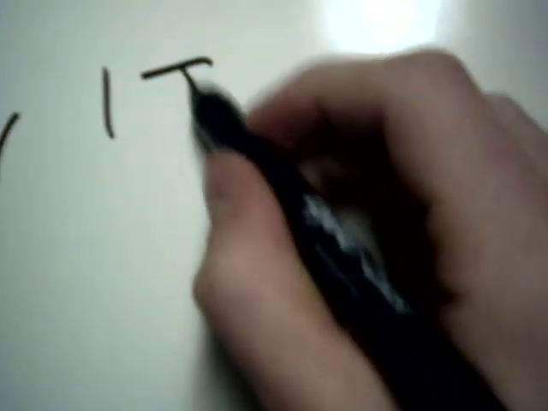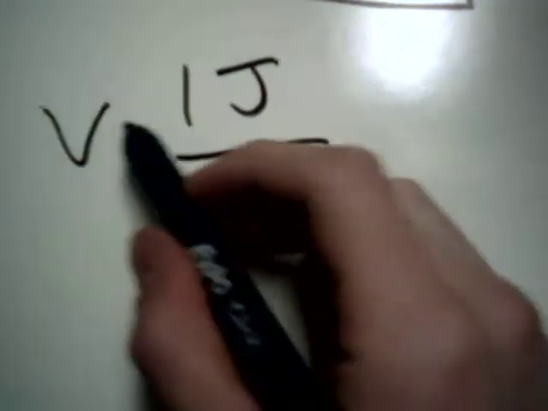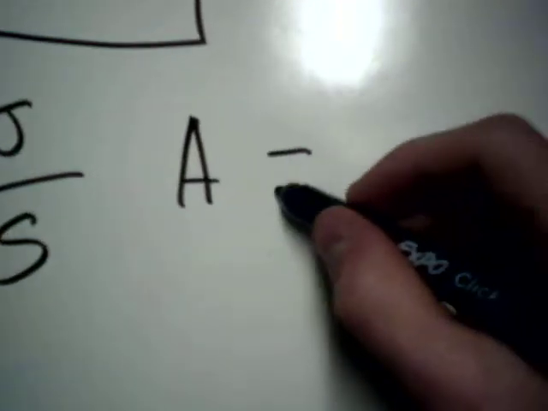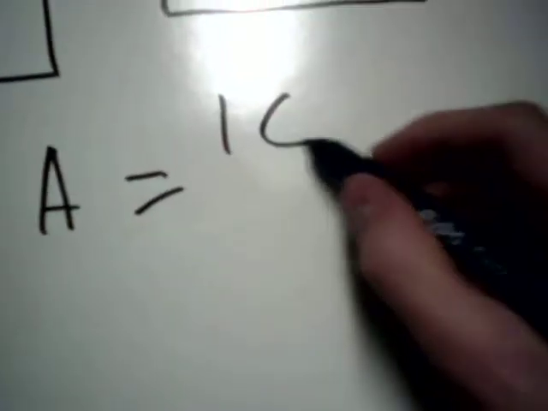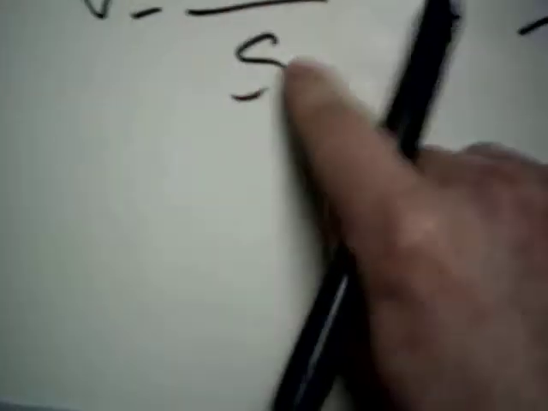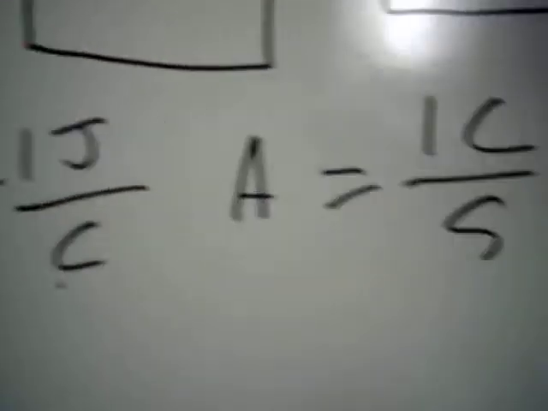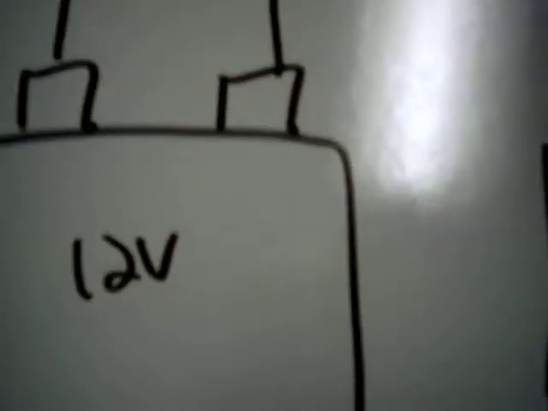Remember, 1 amp equals 1 coulomb per second. Excuse me, 1 volt is 1 joule per coulomb. So with 12 volts, we have 12 joules per coulomb, and 2 amps is 2 coulombs per second.